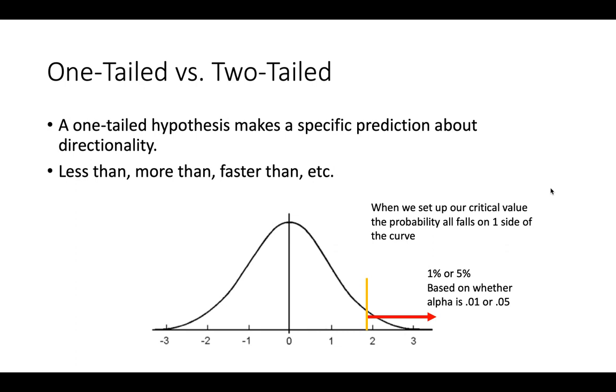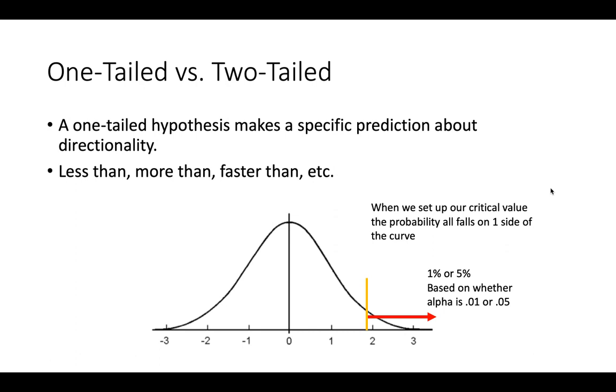So if you remember from last time, a one-tailed hypothesis is a hypothesis that makes a specific prediction about directionality. We have to determine whether a hypothesis contains directionality by the language in the research question, specifically the language in the hypothesis.